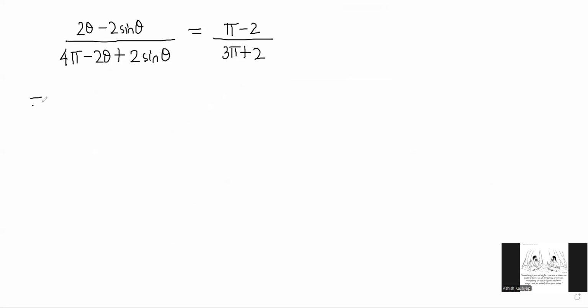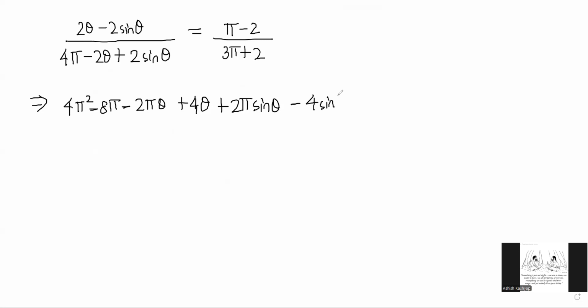So just cross multiply and simplify this. After simplifying, you will end up with a situation like this: 4 pi square minus 8 pi minus 2 pi theta plus 4 theta plus 2 pi sine theta minus 4 sine theta is equal to 6 pi theta minus 6 pi sine theta plus 4 theta minus 4 sine theta.